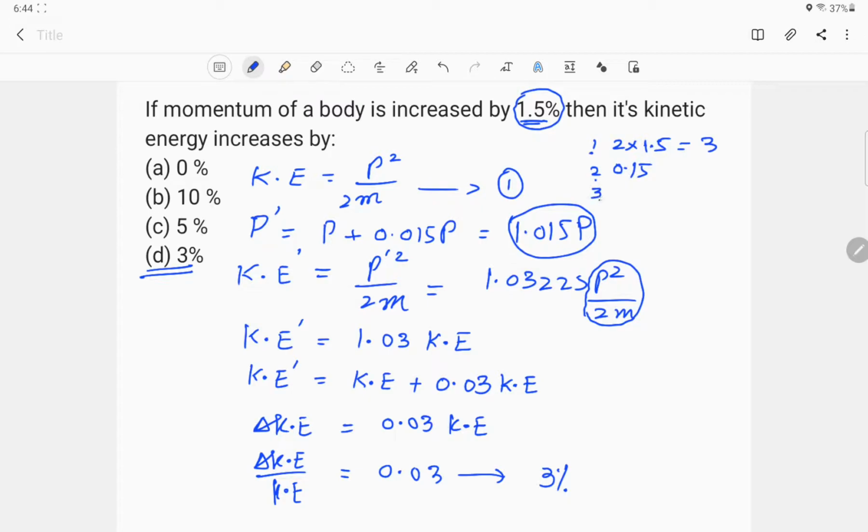Step number 3, square the 10th part of the given change. This is the 10th part and you have to take the square of this. 0.15 multiplied by 0.15 gives us the square, so it is equal to 0.0225.